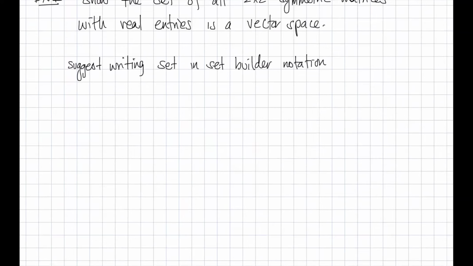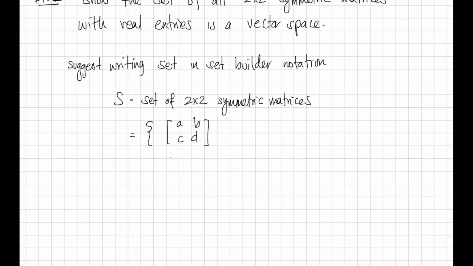What do I mean by that? Here we're talking about S, which is the set of 2 by 2 symmetric matrices with real coefficients. I could write it as the matrix A, B, C, D. That's the format.